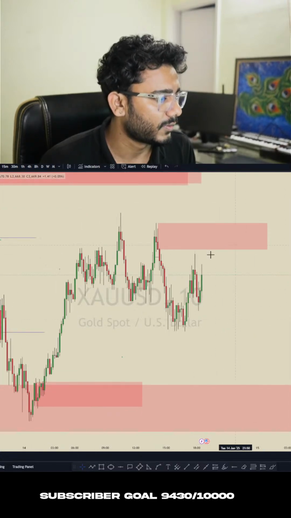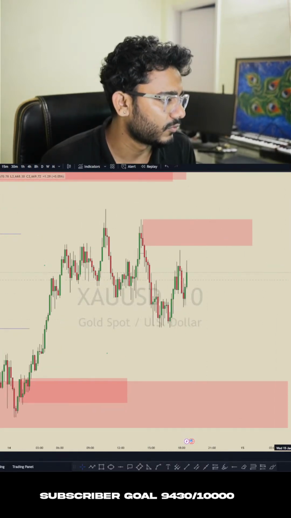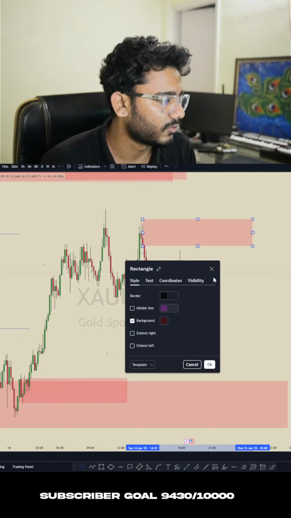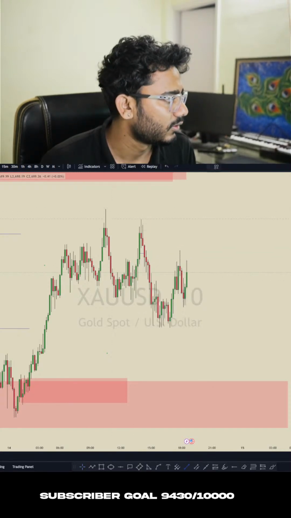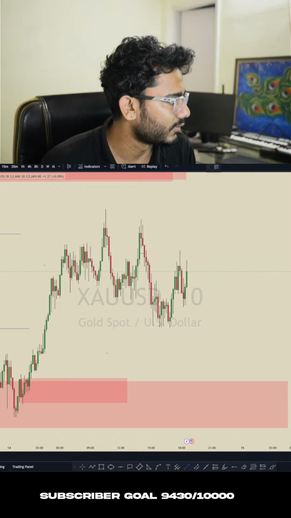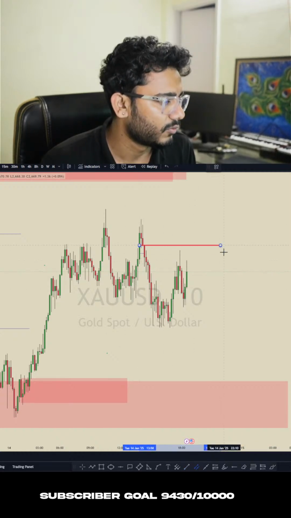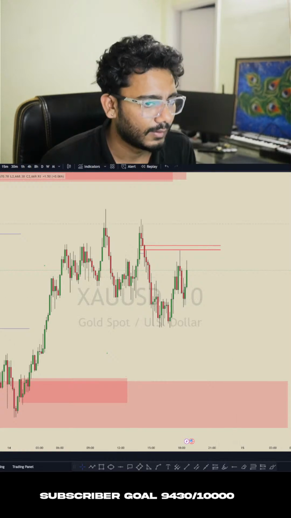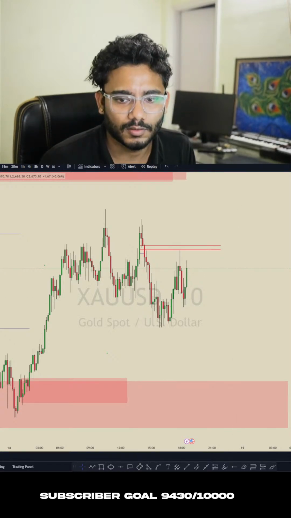We want to see some kind of shift happening on 1 minute, so we can look for sell side. This is just a demand zone, I'll remove it. Or two lines, which is like imbalance. So we know that there are unfulfilled order blocks, and an unfulfilled imbalance of structure is here.